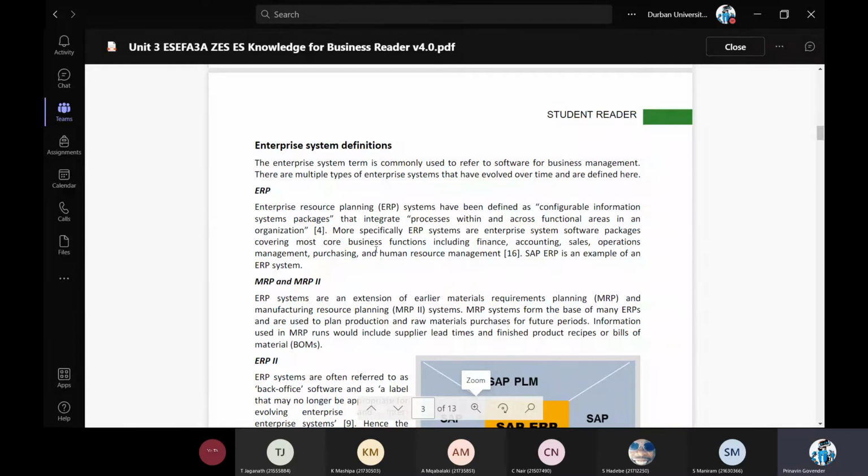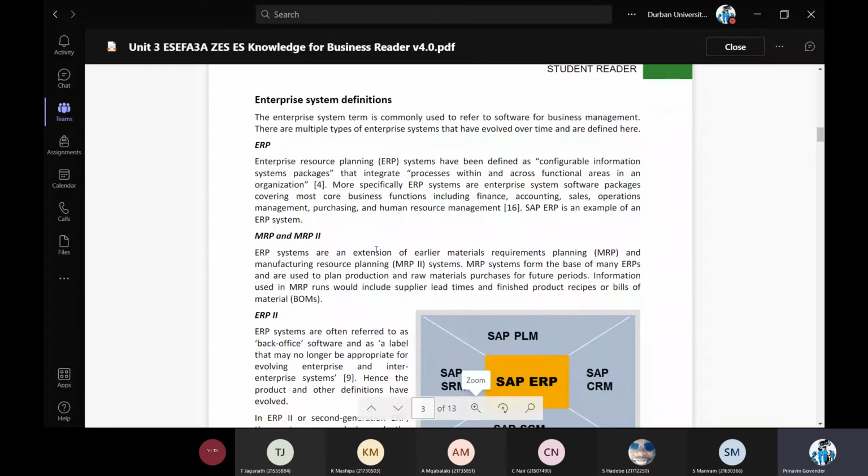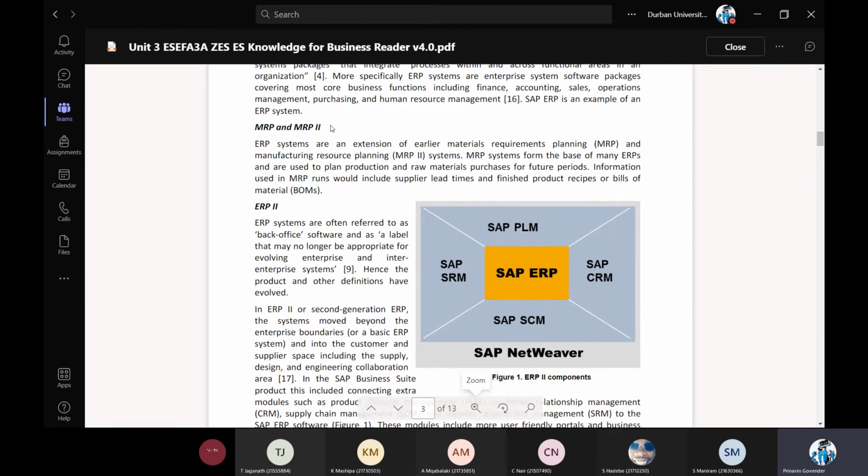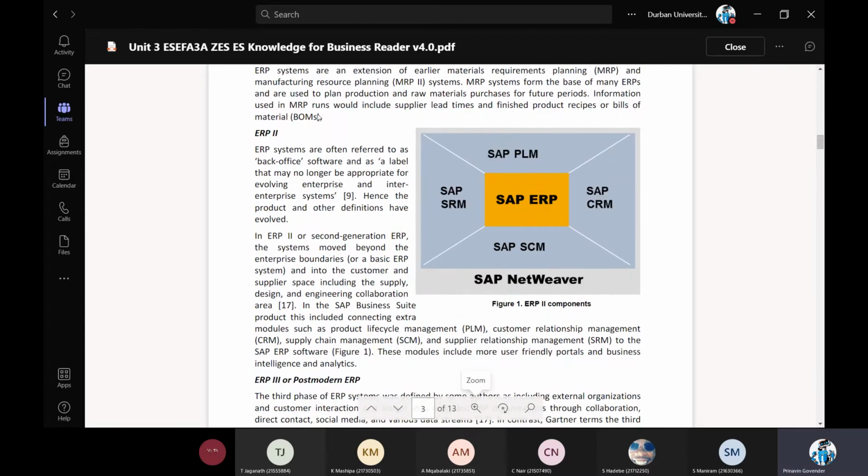And the ERP system that we're going to be using as an example is SAP. SAP ERP is an example of an ERP system. And under SAP, you can call it the version that we are talking about is S/4HANA. Again, you can read all of this. We covered some of this in the first semester.